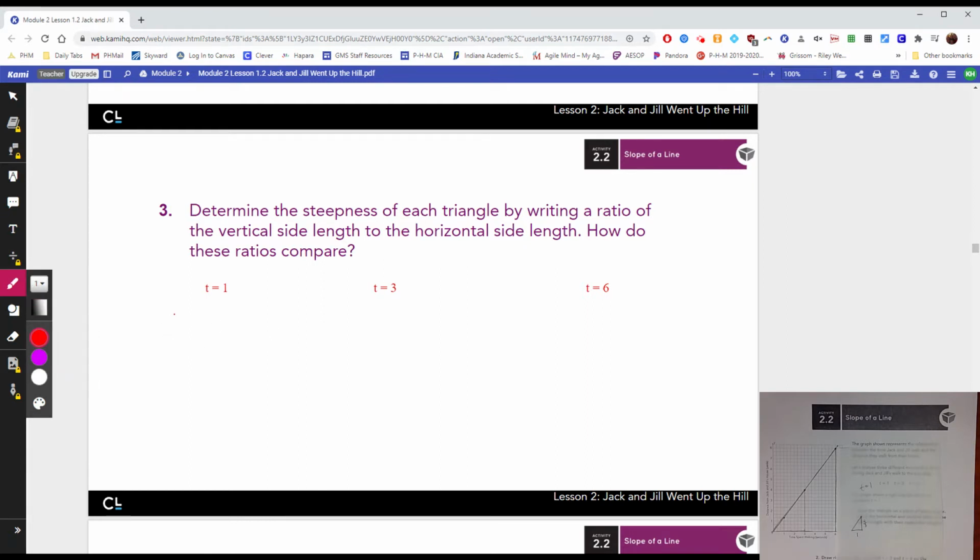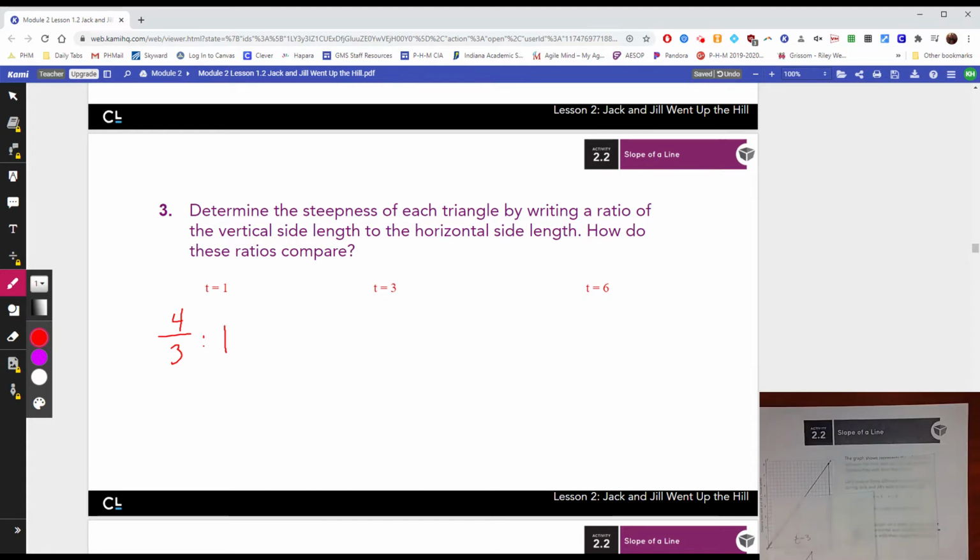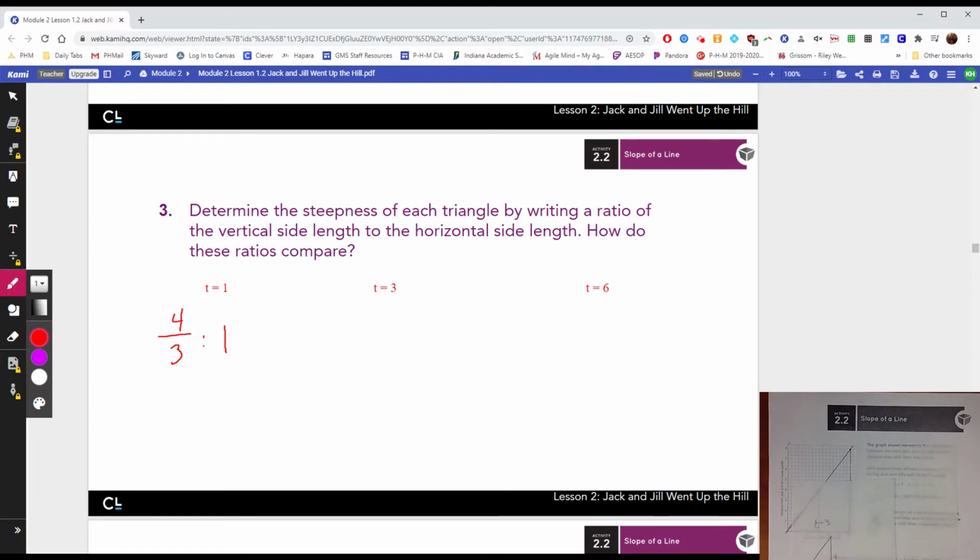So my ratio would be 4/3 to 1. For when t equals 3, my ratio would be 4 to 3. And when t equals 6, my ratio is 8 to 6.